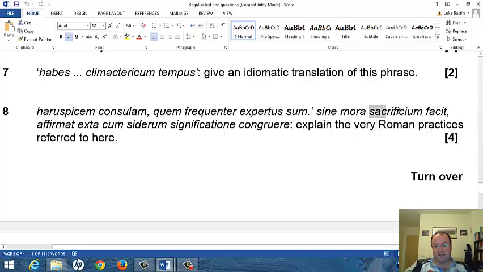Sacrificium fecit, that's an actual sacrifice, so he makes a sacrifice. Typically we're talking about animals, so lamb, various types of animals were sacrificed. There are different ways of doing it, but basically the animal would be killed and the entrails, the exta, so the vital organs, would be examined. Typically the liver, typically the kidney.